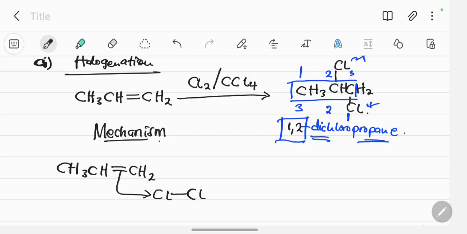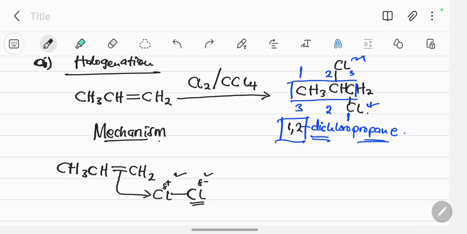Remember, the chlorine molecules are always having 2 atoms within them. And due to high electronegativity, 1 chlorine atom is going to withdraw some of the bonding electrons towards itself, such that this one becomes partially positive and this side is partially negative.